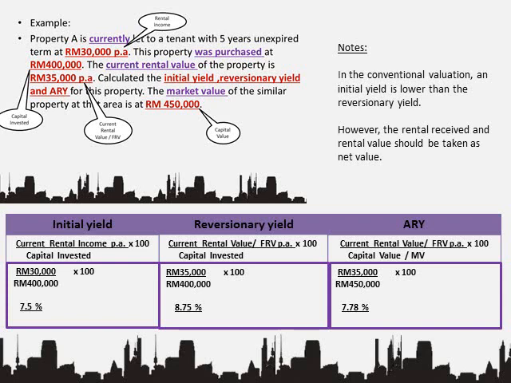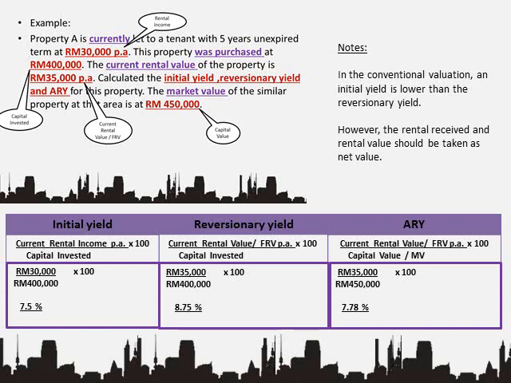That's very easy. There are notes here. In a conventional valuation, the initial yield is lower than the reversionary yield because the current rental is normally below the full rental value, unless the property was rented out at the full rental value. However, the rental received and the rental value should be taken as net value.